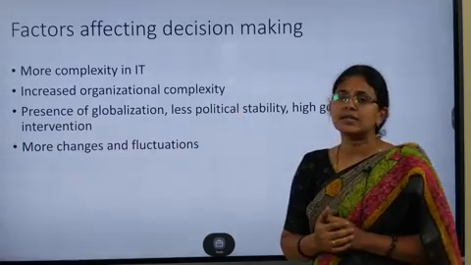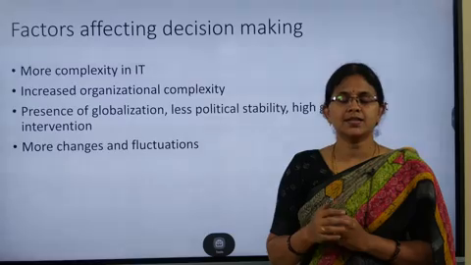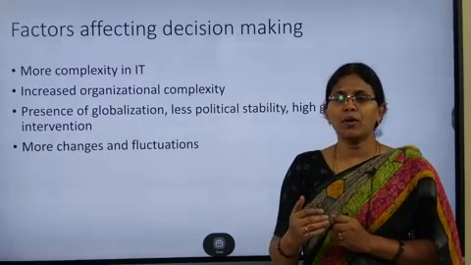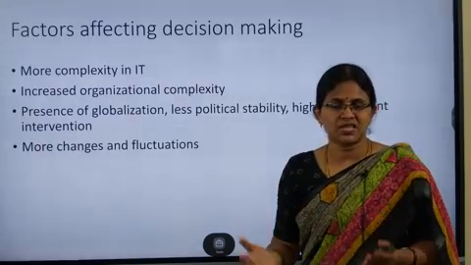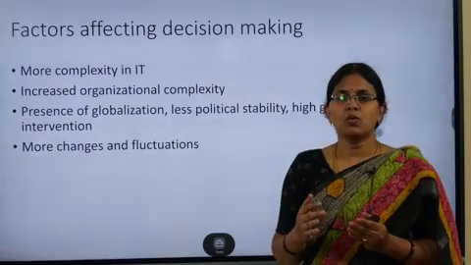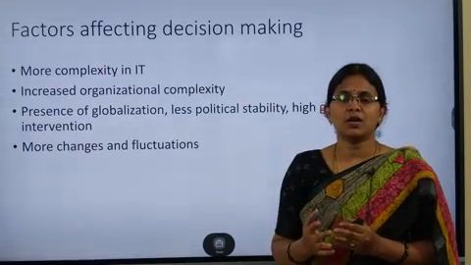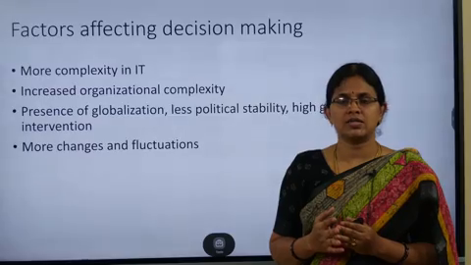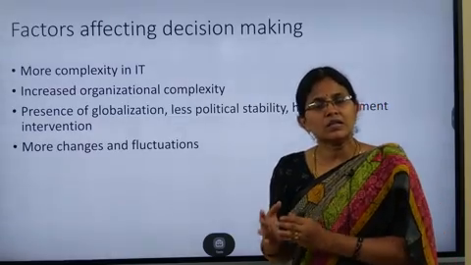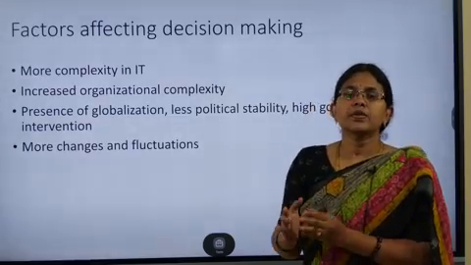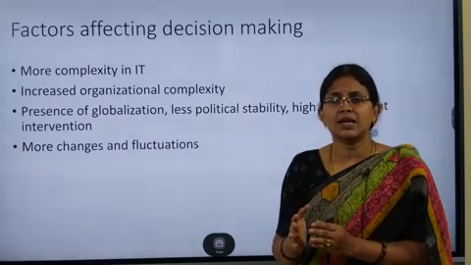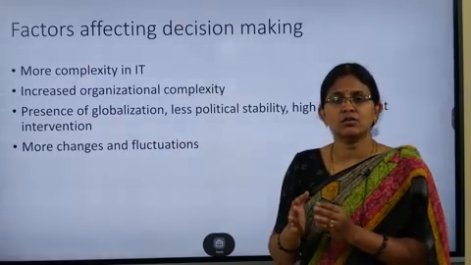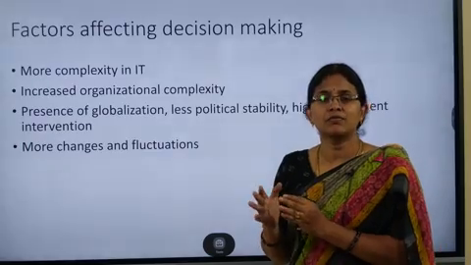And the next one, increased organizational complexity. If there is no proper structure in the organization, and the work assignment is not properly managed, it automatically leads to complexity in the work.